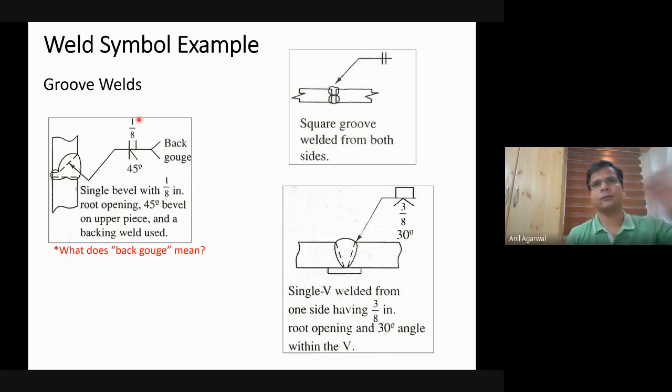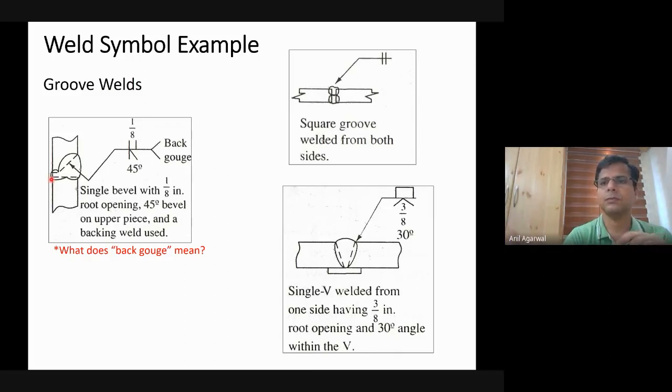That is scratching it off, pulling it off. Okay, so you do that back gouging, then you do another weld from the back side, which fuses the three things together: the old weld, the two plates together, along with some new filler materials. That's why this shape clearly shows that you have to do another weld from this side.